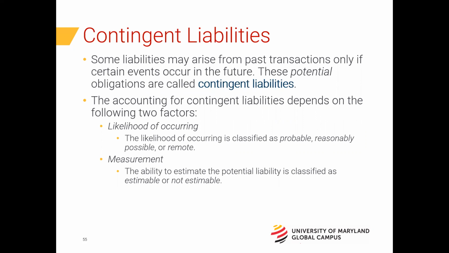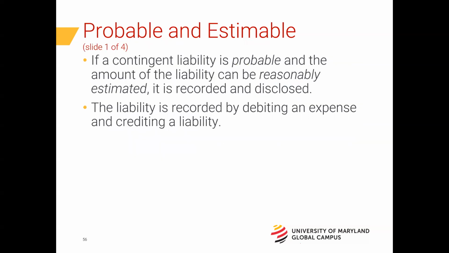We use this typically when we look at a customer and ask, what's the probability that this customer will not pay me? That's likelihood. And how do we measure the estimation that that customer won't repay me? Those are called contingent liabilities when something is probable and estimable.